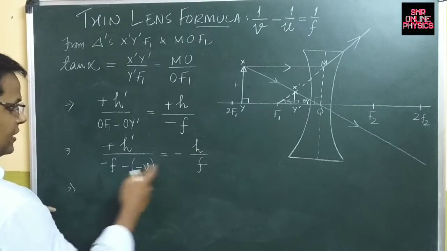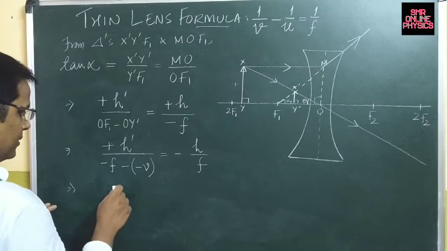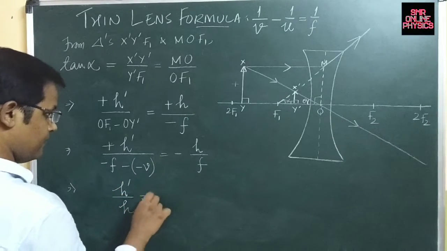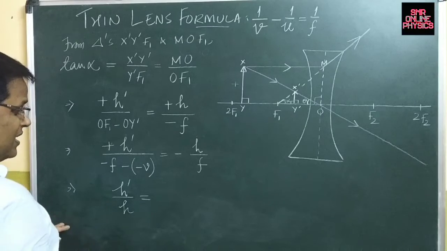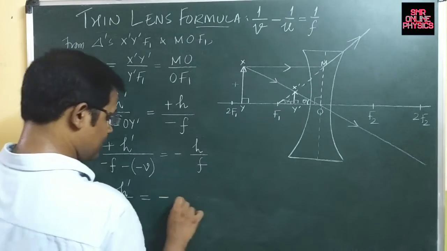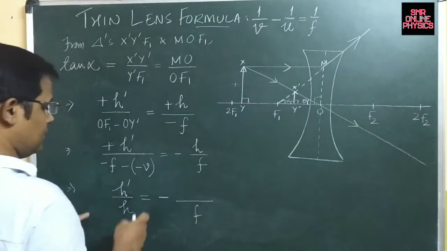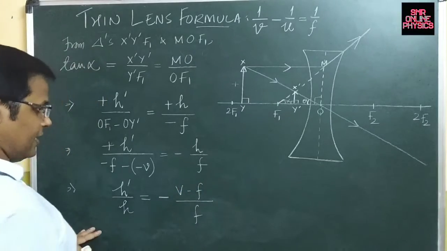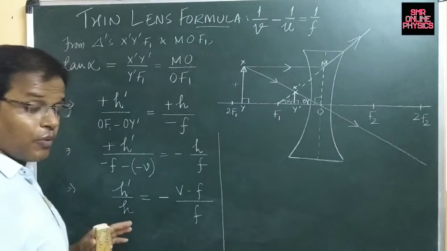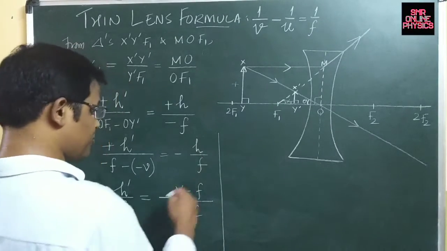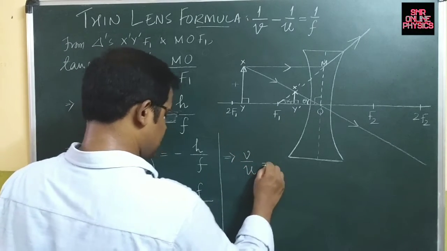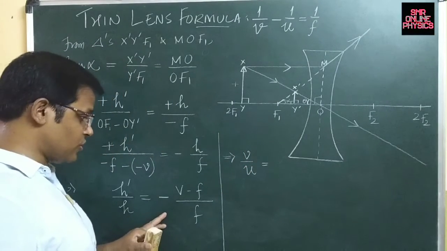So you can easily see that we could have done it many ways. h dash by h comes down. You have this minus there, this is f over here, this is v minus f put in there. Alright, so just now we derived what h dash by h is equal to. Just put it in the place there, that is equal to v by u, and take care of this minus, it should not cause any trouble.